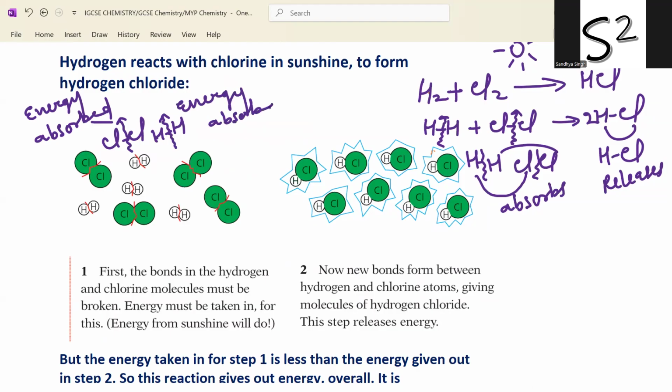So what are we observing? Old bonds break, new bonds form, and the new bonds are formed between hydrogen and chlorine. When new bonds are formed, energy is released.